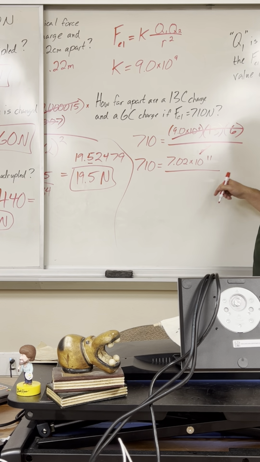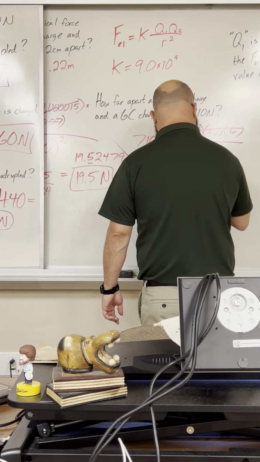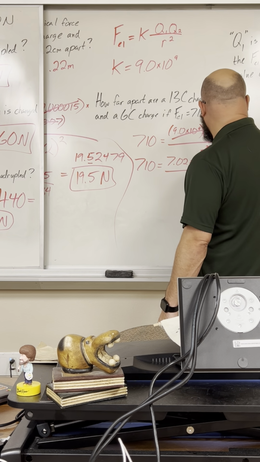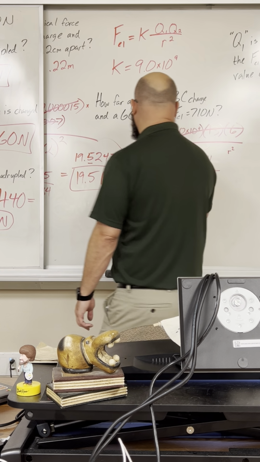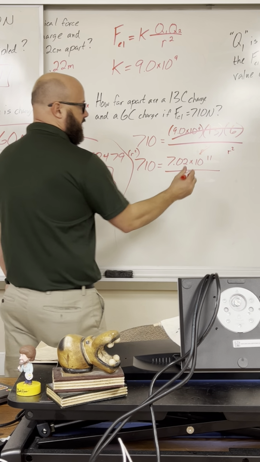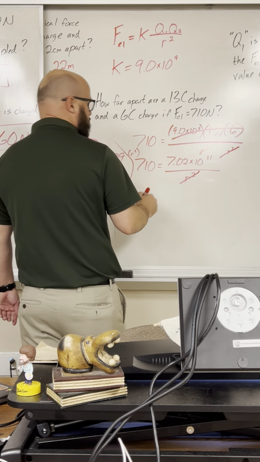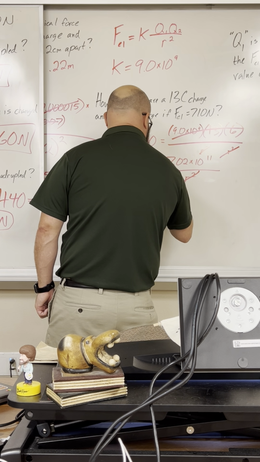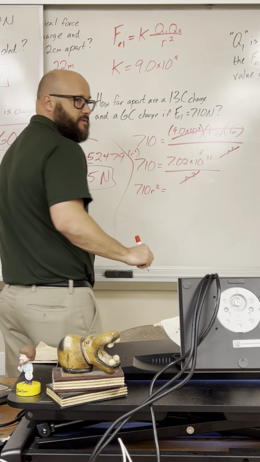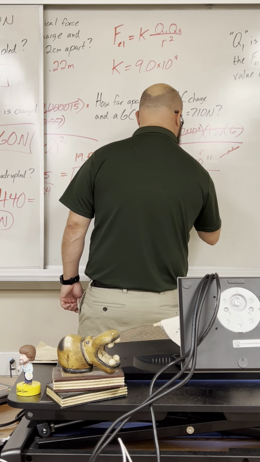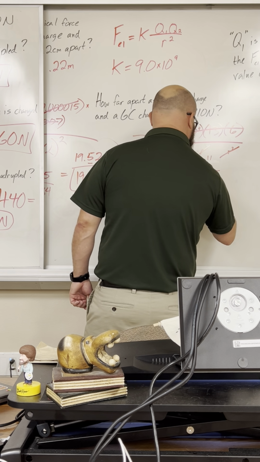And then that's still over R squared. We got to get rid of this denominator, so multiply both sides by R squared. Cancels over here. We end up with 710 R squared equals 7.02 times 10 to the 11th.